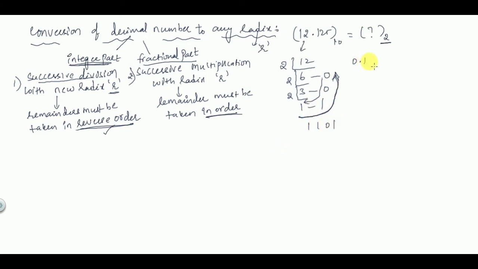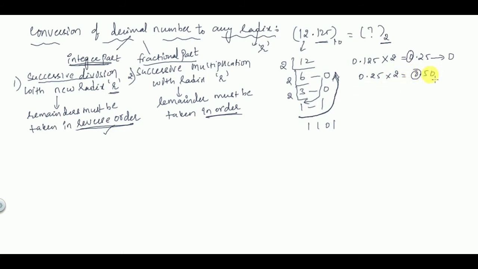Similarly, for the fractional part, 0.125 is the fractional part, you have to multiply it with new radix 2, so it will be 0.25. So the integer part is 0, and the remaining fraction you take here. 0.25 is again multiplied by 2, so it is equal to 0.50.